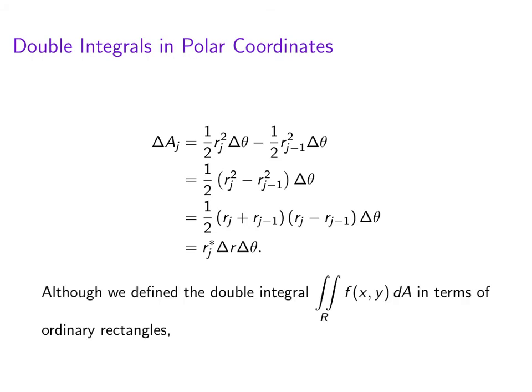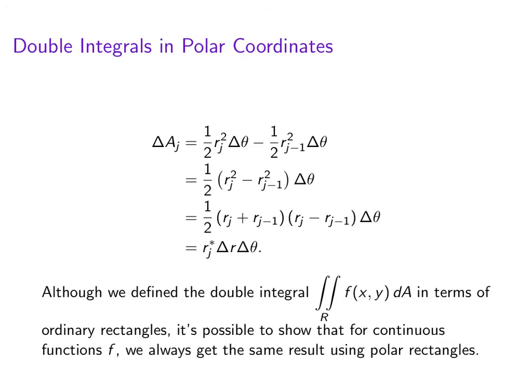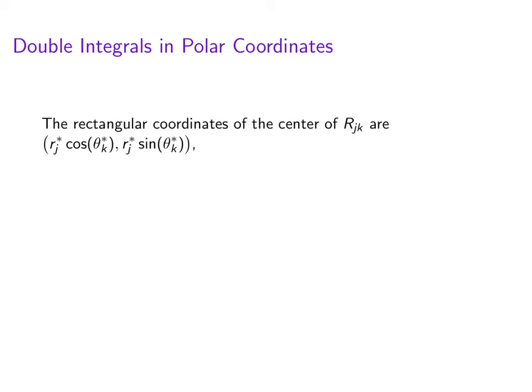Now we previously defined the double integral in terms of ordinary rectangles. And it's actually possible to show that for continuous functions, we will always get the same result using polar rectangles. Now the rectangular coordinates of the center of our polar subrectangle are r sub j star cosine theta sub k star, r sub j star sine theta sub k star.